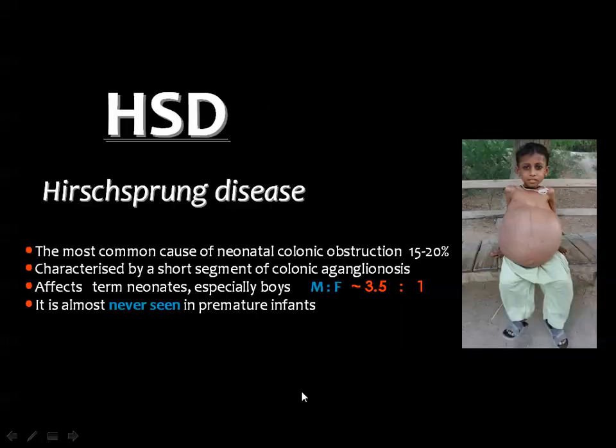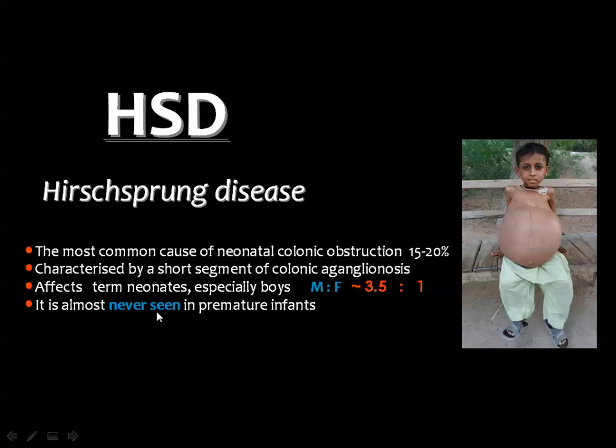And Hirschsprung disease is the most common cause of neonatal colonic obstruction, representing about 15 to 20% of cases. There is a segment of aganglionosis, and this segment is usually located in the rectosigmoid junction, and males are somewhat more commonly affected than females.